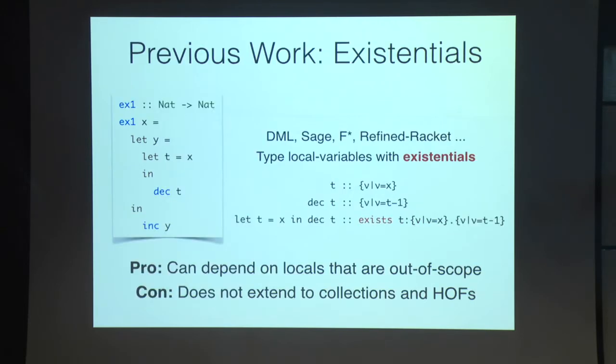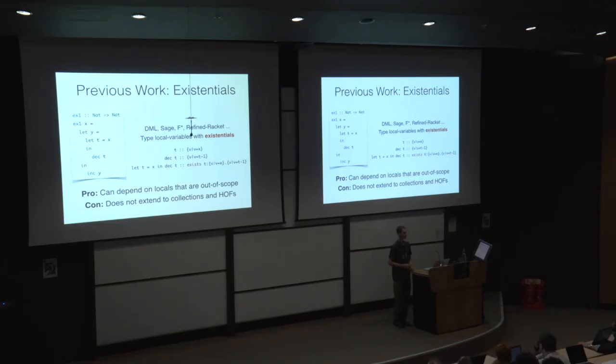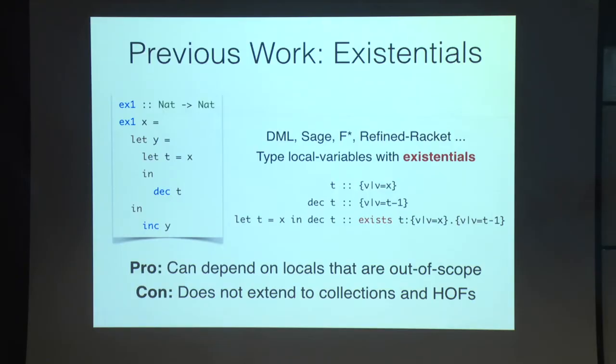So here's some prior work which takes a crack at this problem and solves it for example 1. We can add existential quantifiers to our refinements, and this lets us handle local variables that go out of scope. So in this example, we know the type for t and dec t already, and so the type for let t equals x in dec t is just there exists a t, which follows the previous refinements.